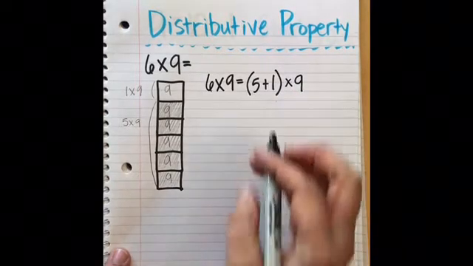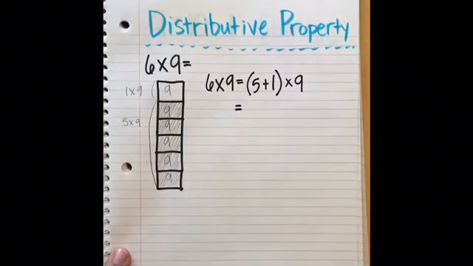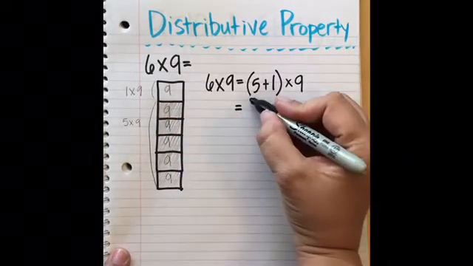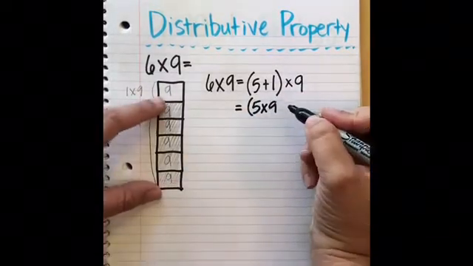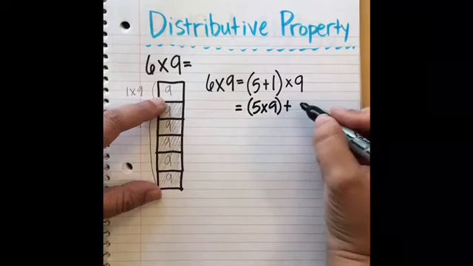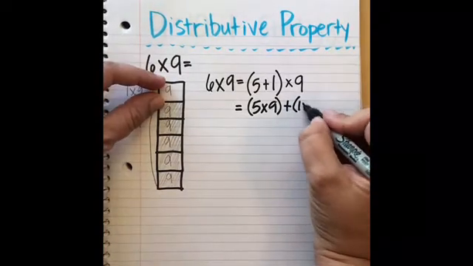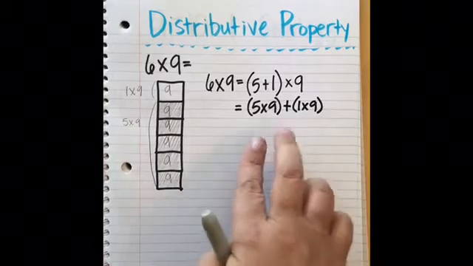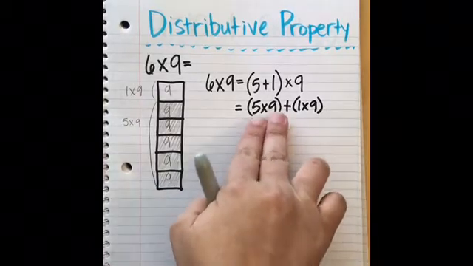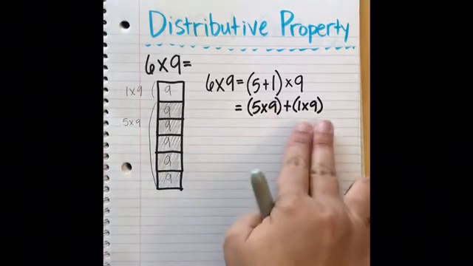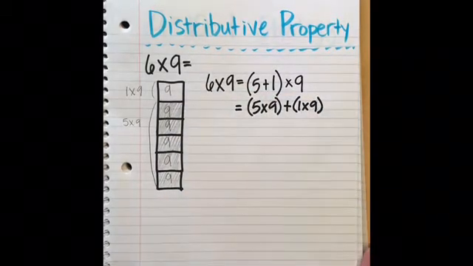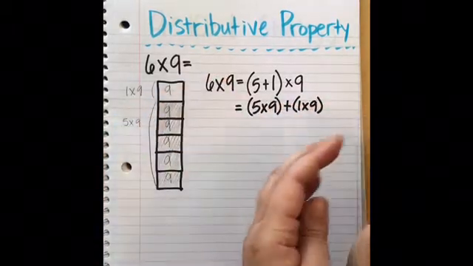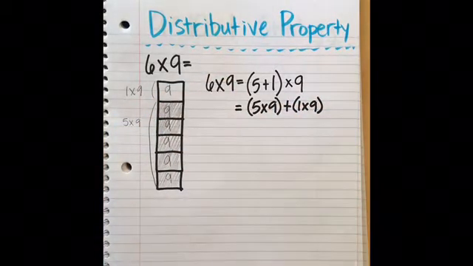On our next step, we're going to put equals, and then we're going to stretch them out into our 2 equations. So we have 5 times 9, which would be this chunk here, plus 1 times 9, this chunk here. And we're going to write parentheses around the 2 chunks of the block that we want to keep together so that we remember what we're going to solve first in our equation.